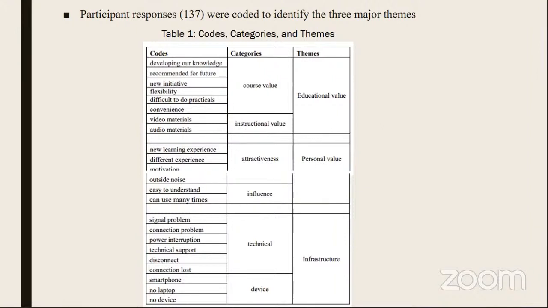The personal value theme was created using the attractiveness category and the influence category. The infrastructure theme was created from the technical category and the device category. Under this theme, participants discussed various problems they faced during online sessions. It is important to highlight that these issues require attention from the stakeholders for essential improvement.